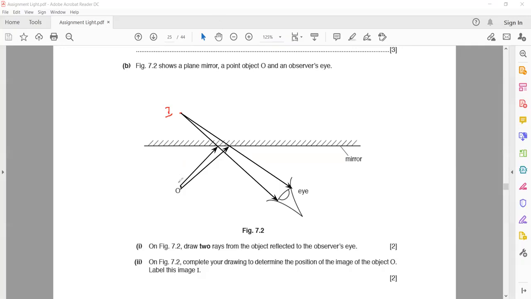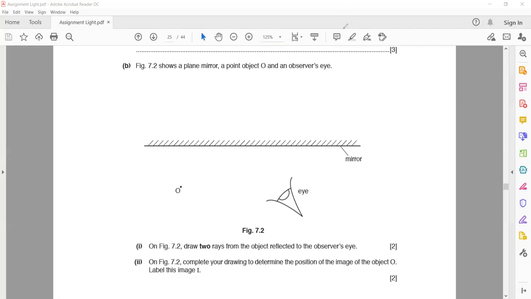So what happened? The two light rays from the object hit the mirror, bounce back or reflect, enter our eye. When our brain relocates, we'll get the image. So the best way to do these type of questions: measure the distance between the object and the mirror, and then draw the position of image.